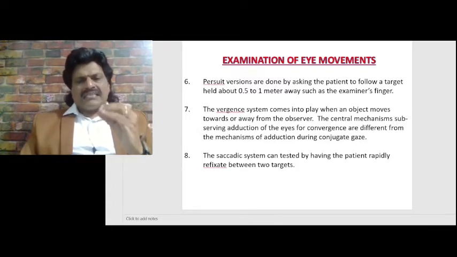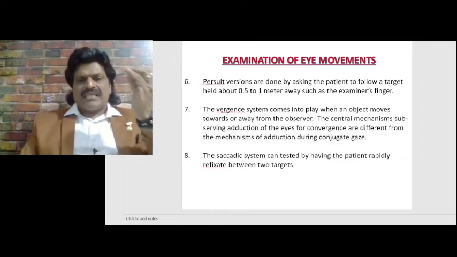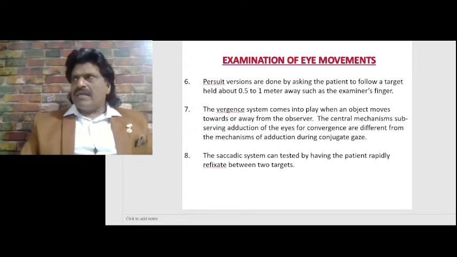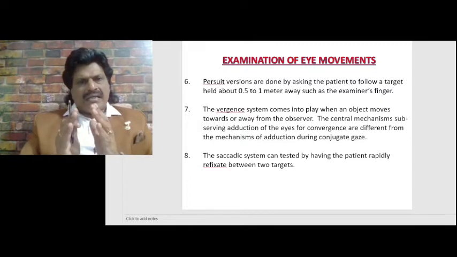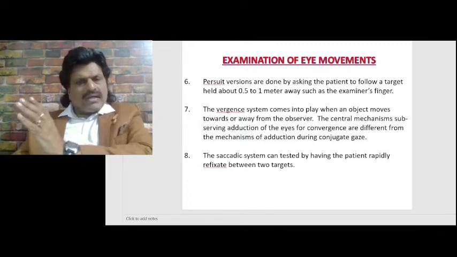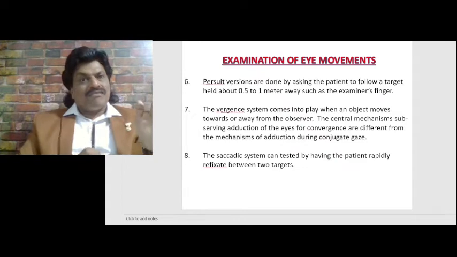The saccadic system can be tested by having the patient rapidly refixate between the two targets. For example, I am looking at the camera, someone knocks at the door, I immediately turn my head to the opposite side. So the rapid refixation between the two targets is the saccadic movement. That is the fast movement.